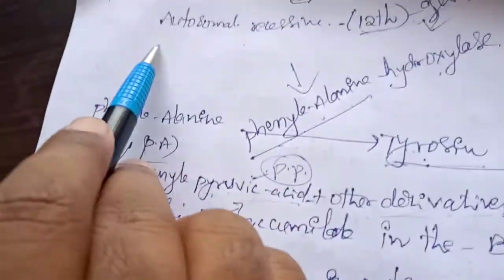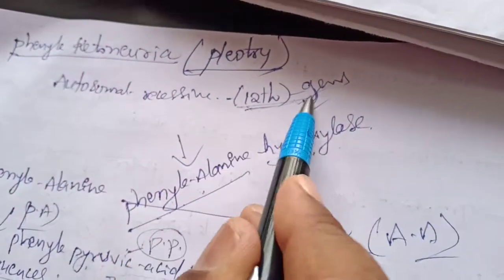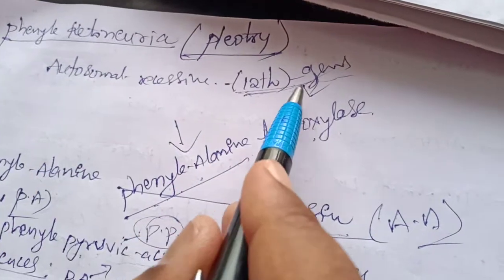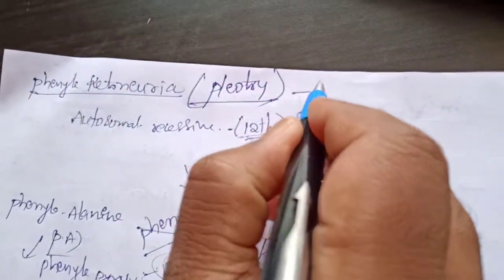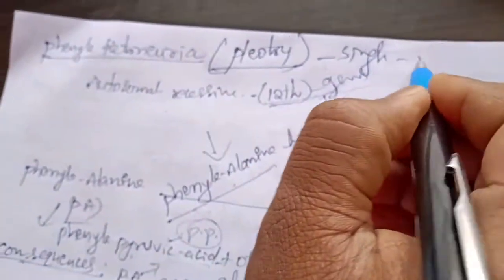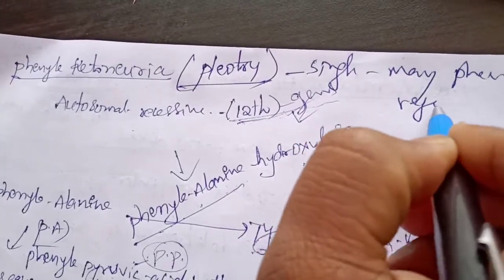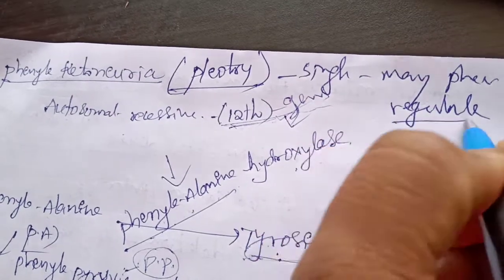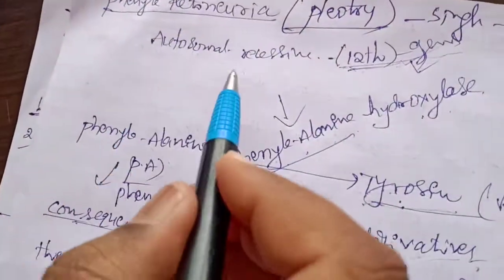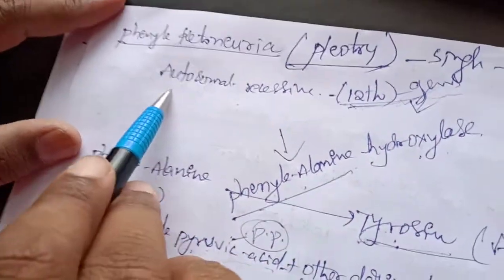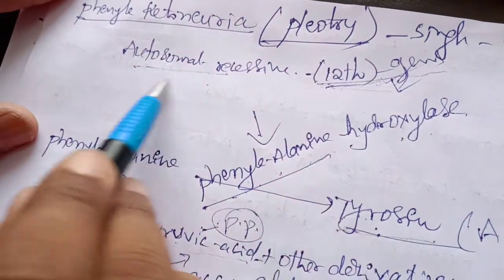Sickle cell anemia is an autosomal recessive gene. Pleiotropy means a single gene regulating many phenotypes, so we call it pleiotropic. It is an autosomal recessive disease.